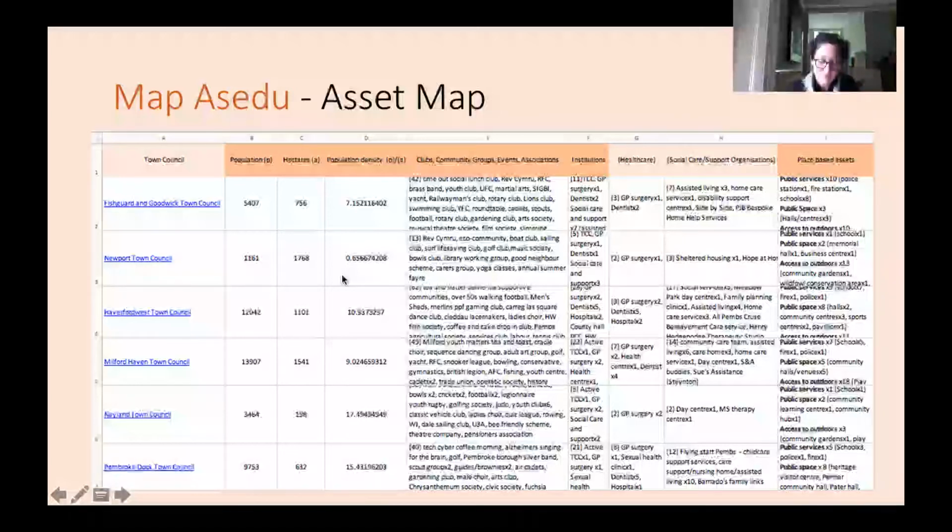Included in the lateral columns are the categories of assets: community-driven, clubs, community groups, associations, institutions, with a further division of healthcare and social care and support, and then place-based assets that includes public services, amenities such as post offices and libraries, transport links, central meeting places such as halls and places of worship, and shops. We have used all known resources in order to populate this table.